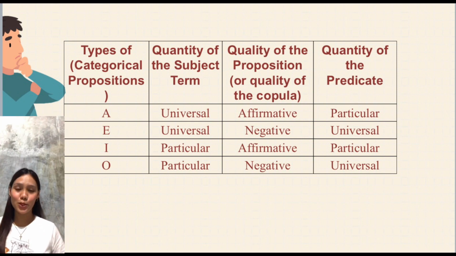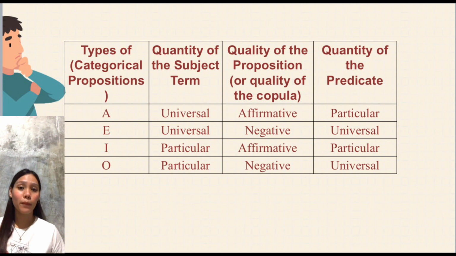The quality helps to determine the kind of categorical proposition it is. The relation of inclusion or exclusion is determined by the copula. When the relation is inclusion, the proposition is called affirmative. When we say affirmative, something is being affirmed or agreed.